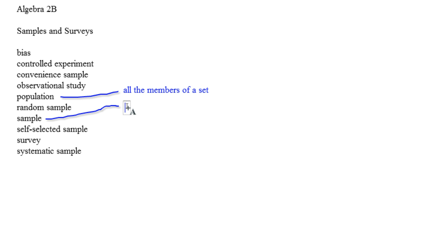Now, a sample is a subset or part of a population. In other words, if you were to consider the whole school and you just wanted a subset, like all the senior boys, that would be a subset of seniors.